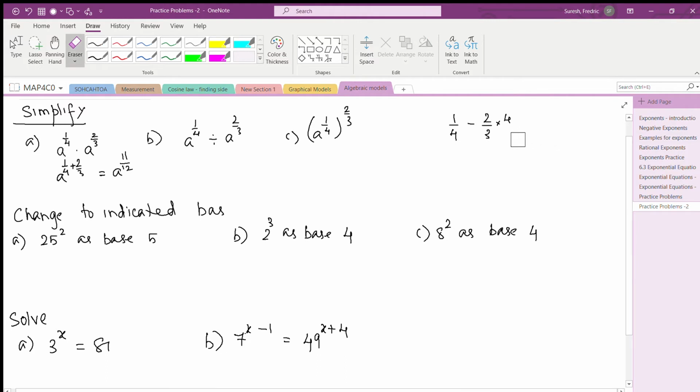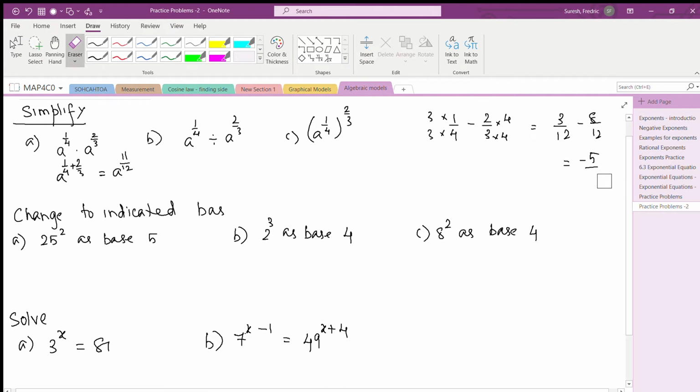So multiply the denominator of the 3 by a 4. And what you do to the numerator, you must also do to the denominator. And so here we have 3 over 12, take away 8 over 12, and that is negative 5 over 12.